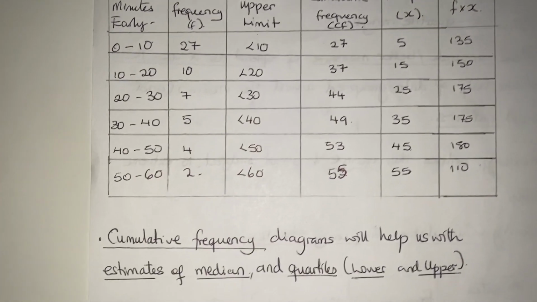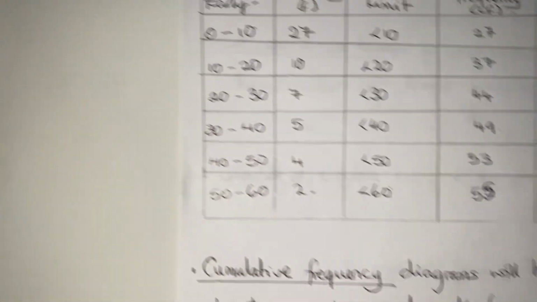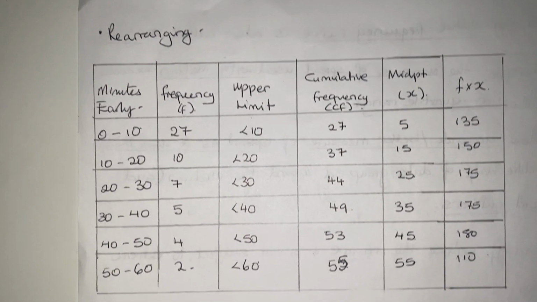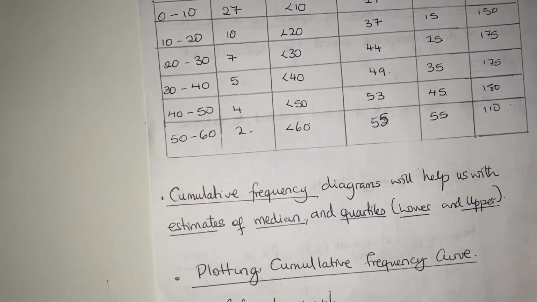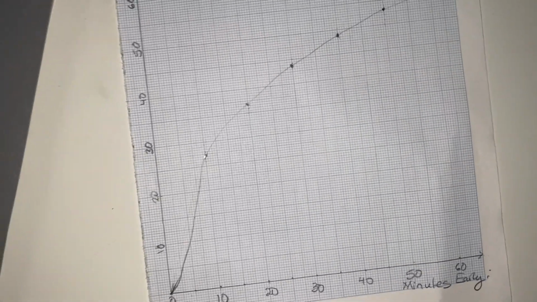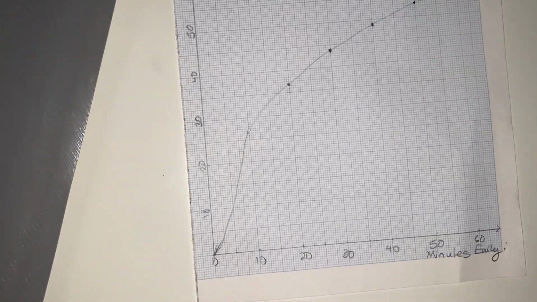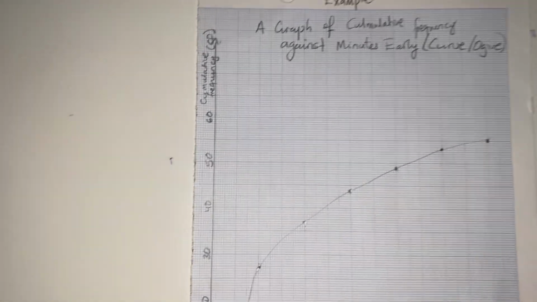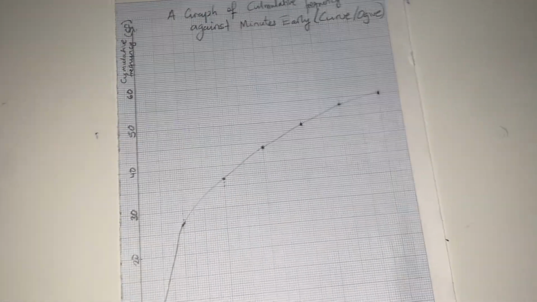Now let's look at this group data here and the curve I got. So here is my group data, and this is what I got from my cumulative frequency curve. So that is the curve here.